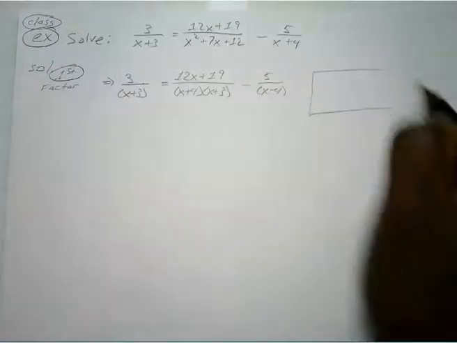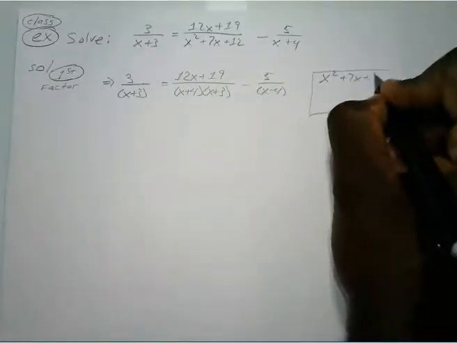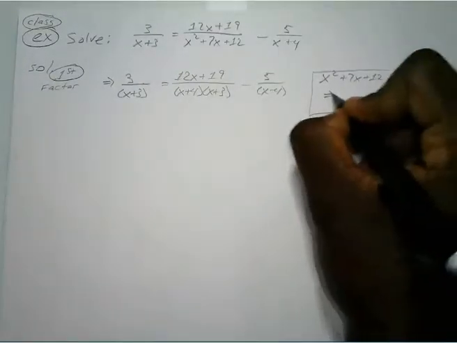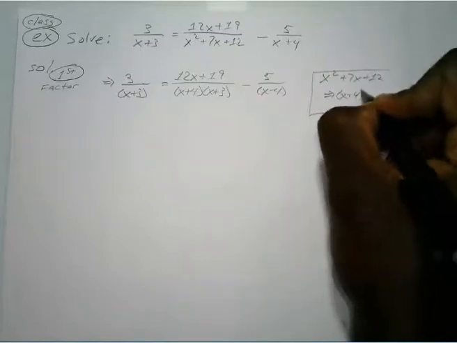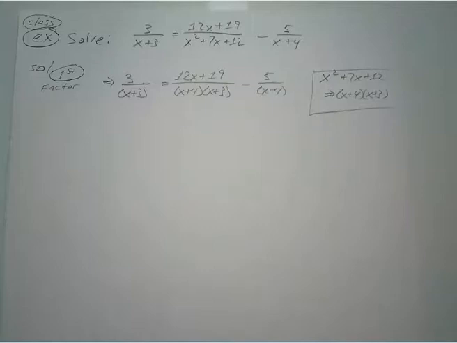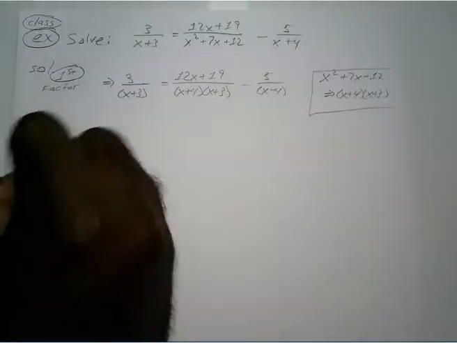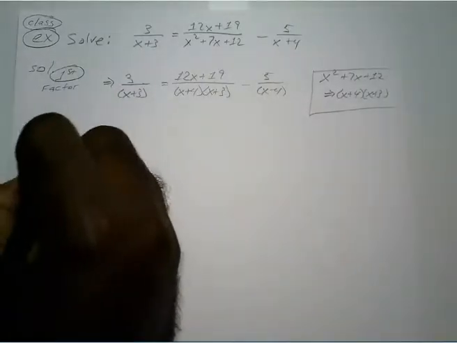And just a little side note that x squared plus 7x plus 12 factors into x plus 4, x plus 3. All right, so it brings us to our second step, which means we have to match our denominators.